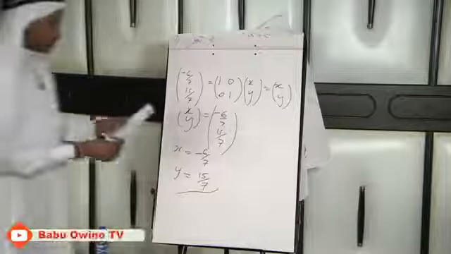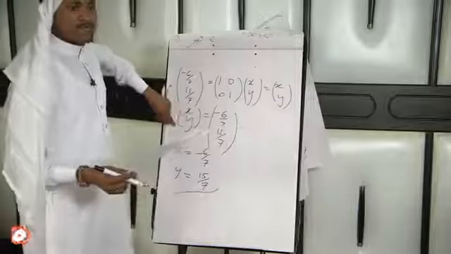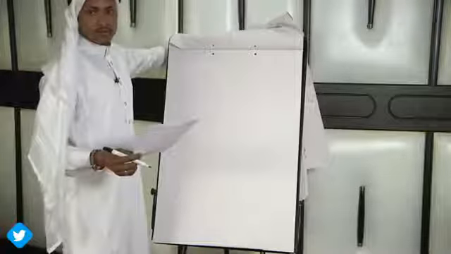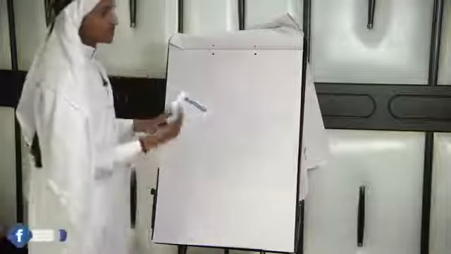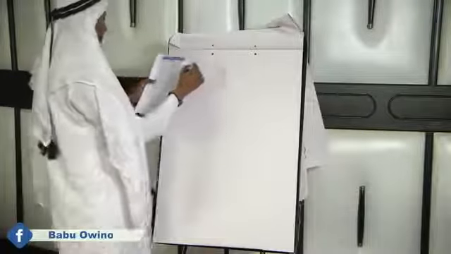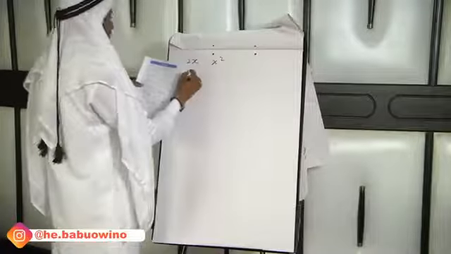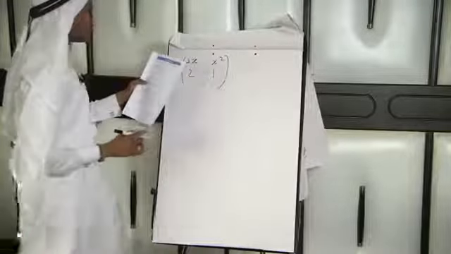So class, the last example, because of time. Just the last example. So we have 2x, x squared, 2 and 1. You are told to determine the values for which the matrix below has no inverse. Any matrix without an inverse, the determinant of that matrix is equated to 0.